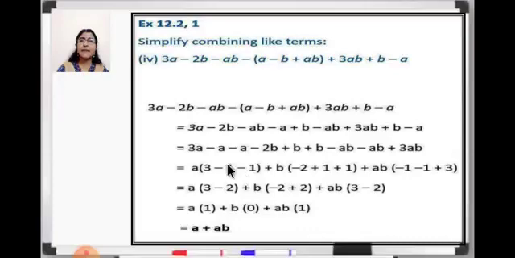And then same method, we'll take the variable outside the bracket and write the coefficients inside the bracket: a(3 minus 1 minus 1) plus b(minus 2 plus 1 plus 1). You'll put the bracket. Then again here you will take ab outside the bracket, that is the variable, and here minus 1 plus 3. And then we'll solve it.